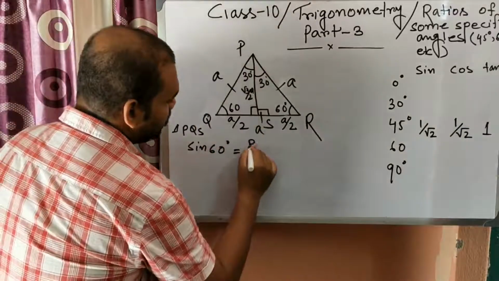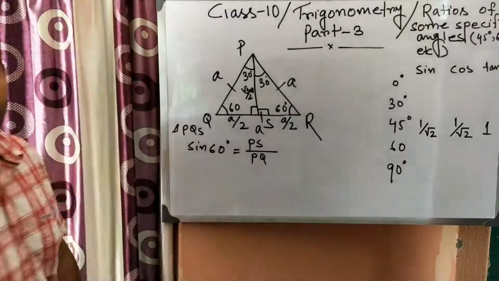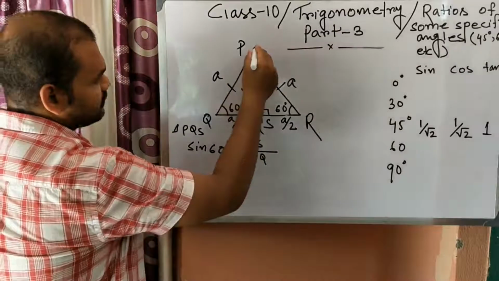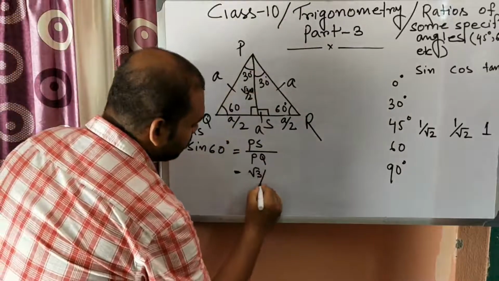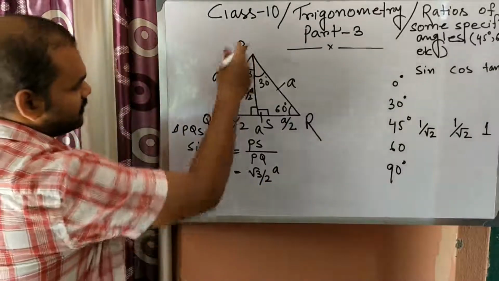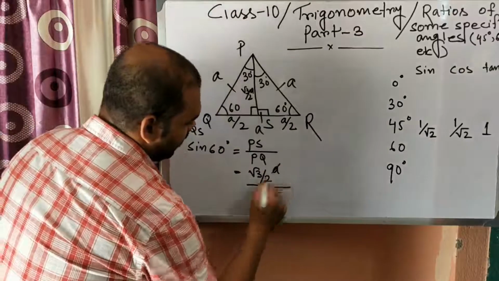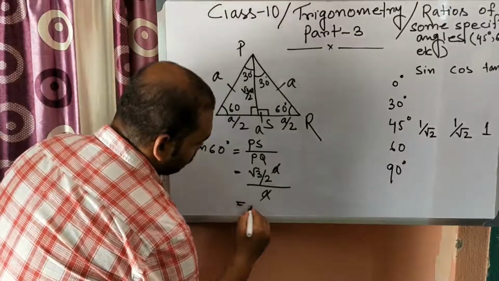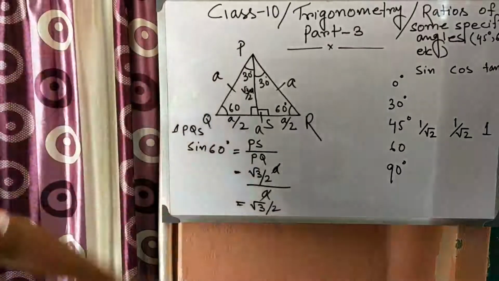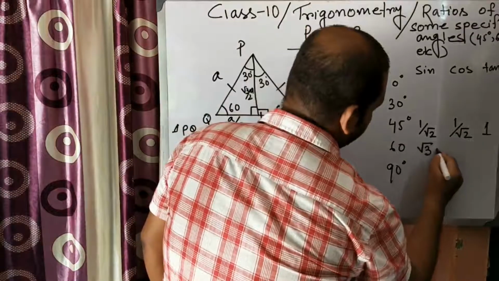So perpendicular is PS by hypotenuse PQ. PS is root 3 by 2 A, and PQ is A. So A cancels out, and it gives root 3 by 2. So sin 60 is root 3 by 2.